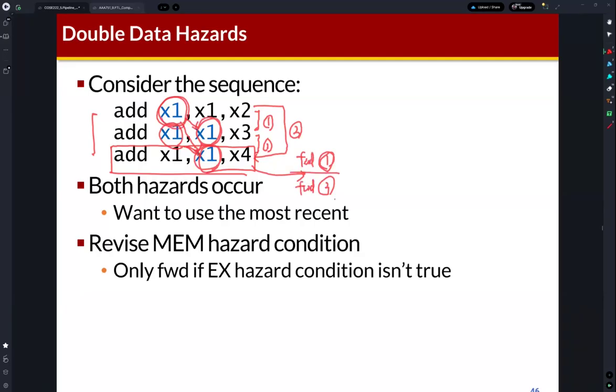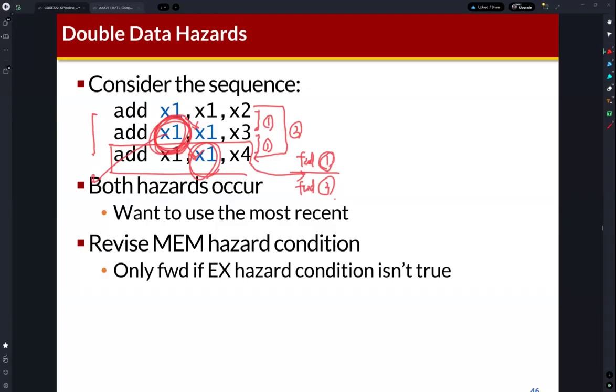Then which data needs to be forwarded, this x1 or this x2? Obviously, this x1 needs to be forwarded to this x1 for this add instruction. Why? Because this is the latest value.